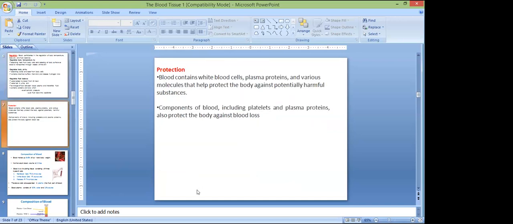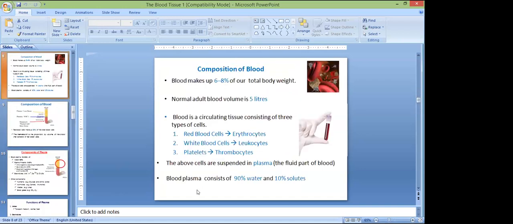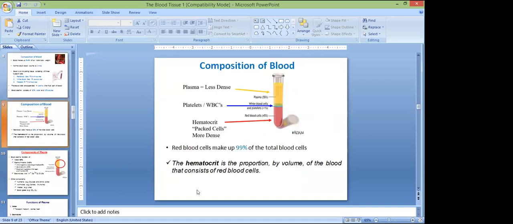Then regulation of fluid balance, for protection the white blood cells, for clotting, right? We have all these functions of blood. Remember this diagram, plasma. What is this called? Centrifugation. Yeah, this is how it would separate. Red blood cells are more dense, so they'll be at the very bottom.